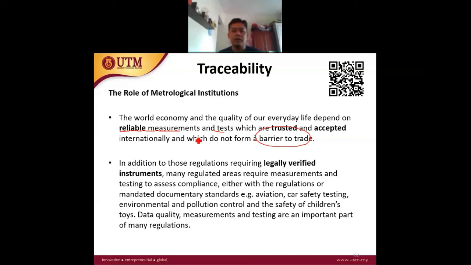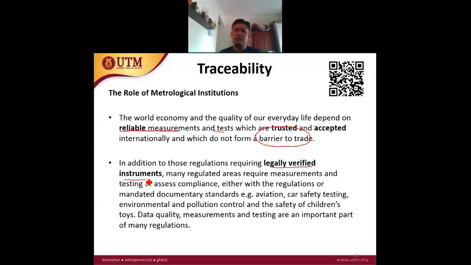And in addition, there are regulations requiring legally verified instruments. In Malaysia, for example, our smartphones must be verified by the MCMC. They must have certification.